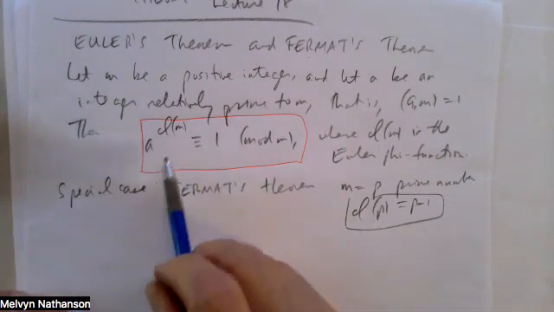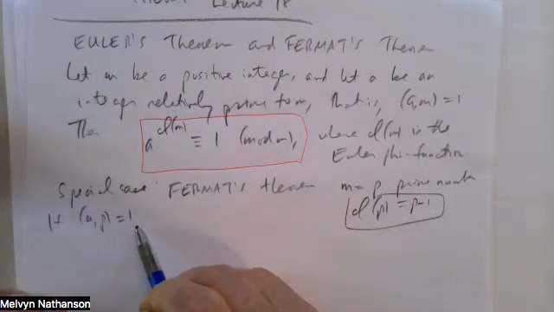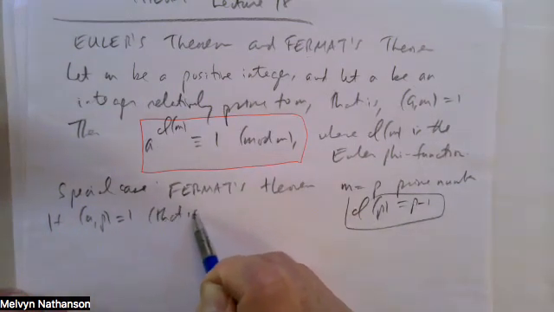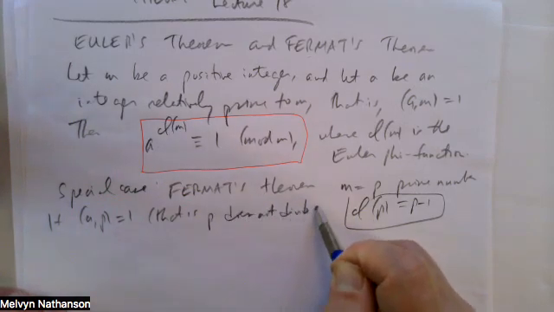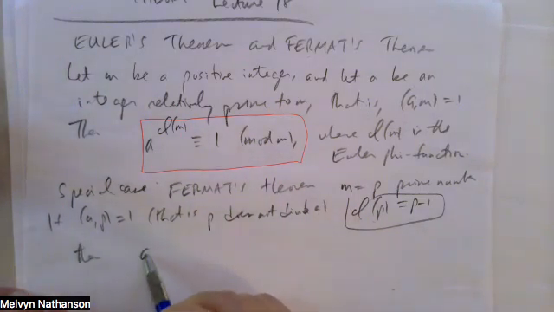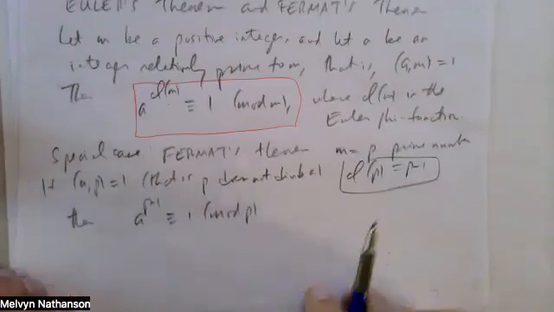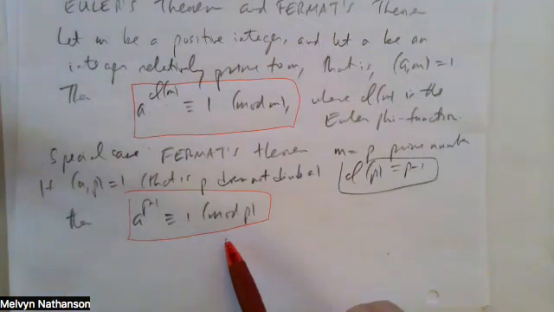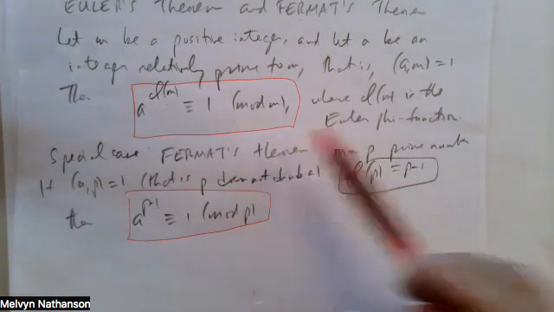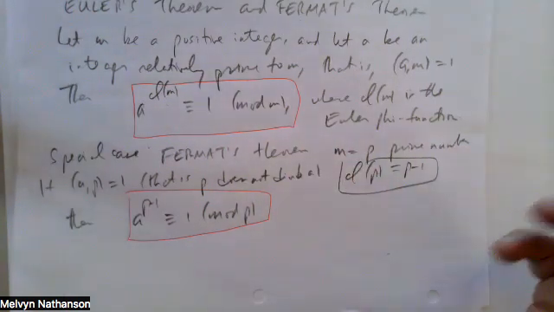So what the Euler theorem says in this case is that if A and P are relatively prime, that is, P does not divide A, then A to the phi of P, that's P minus 1, is congruent to 1 mod P. So this is Fermat's theorem, which we can obtain from Euler's theorem by just choosing the modulus M to be a prime.